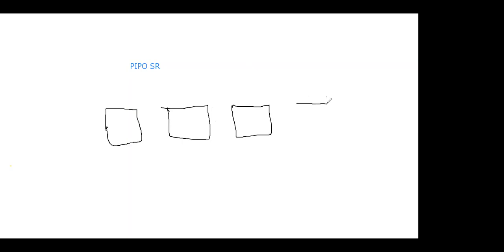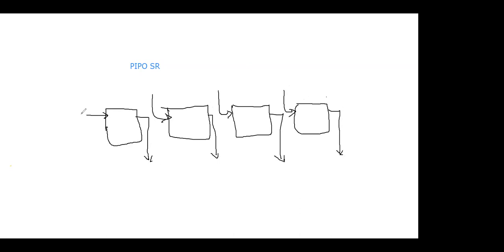We take the flip-flops and apply the inputs like this, and we extract the outputs across this. I'm not going to draw the circuit diagram totally, because we already know about all these things. So this is A, this is B, this is C, this is D.